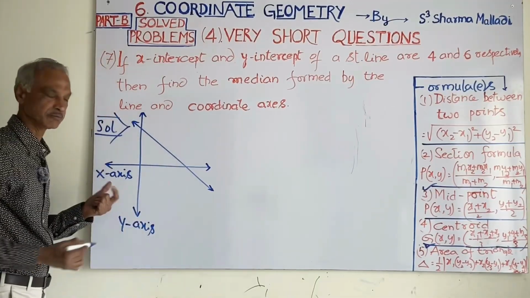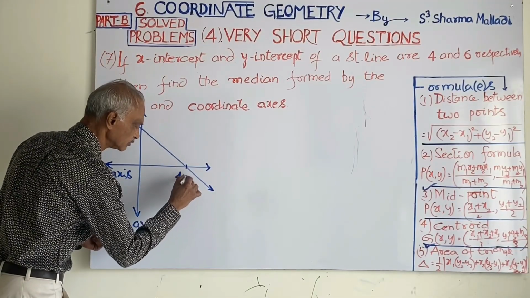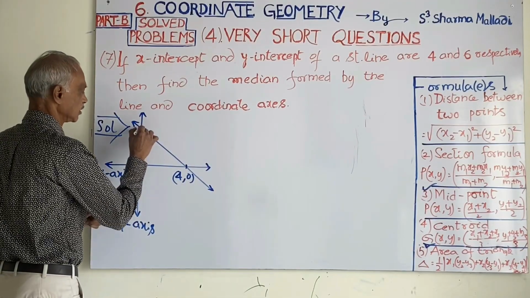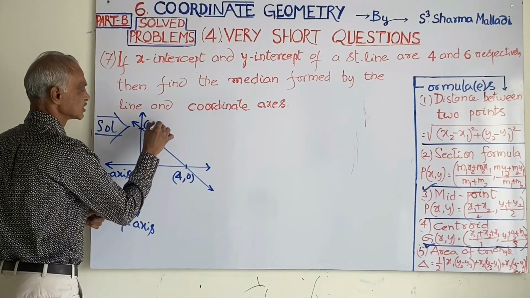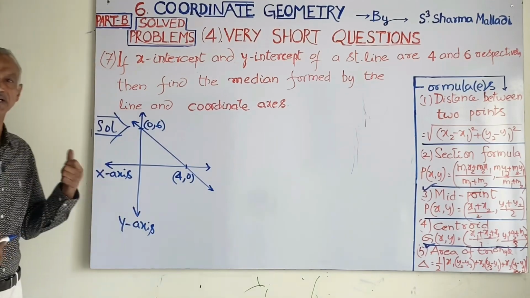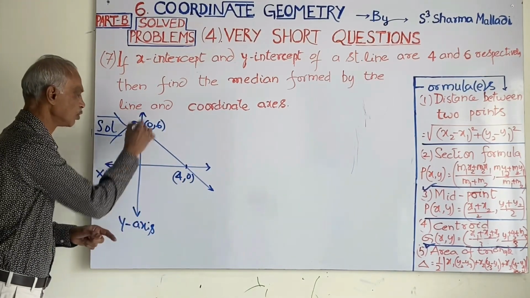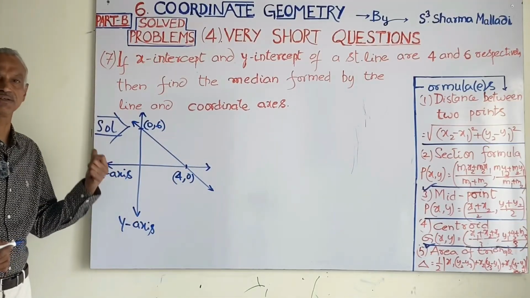The x-intercept is 4, so you take (4, 0), and the y-intercept is 6, so you write (0, 6), and you have to find the median formed by the straight line and the coordinate axes, the x and y axes.